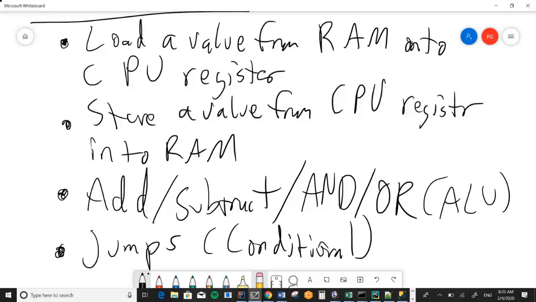Yeah, that's right. So what were NG and ZR? ZR told you if it was 0. NG told you if it was negative. So let's say you wanted to jump on something positive. Could we take those two wires together easily and say, I want to jump on a positive? How would I do that?